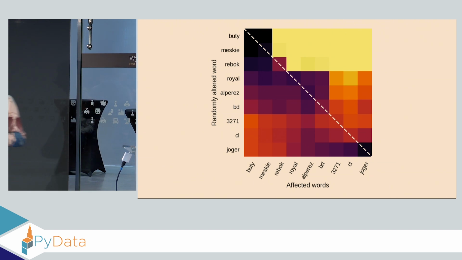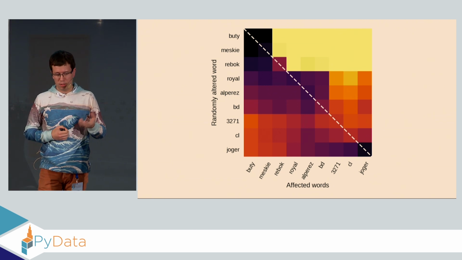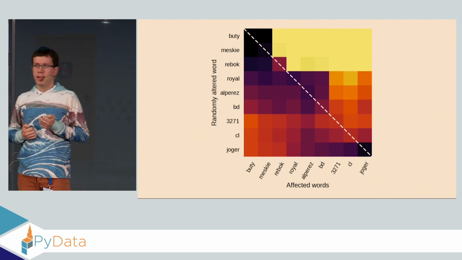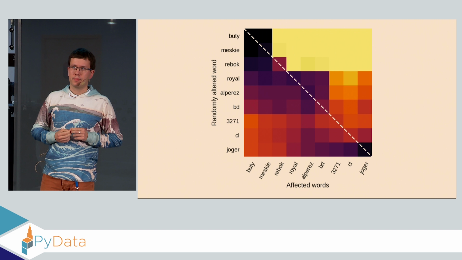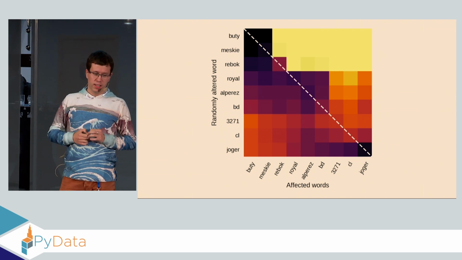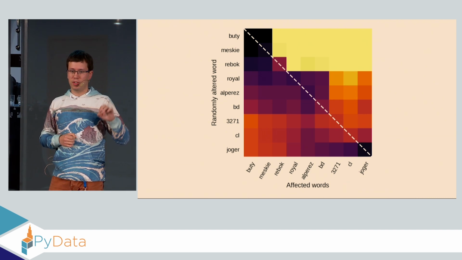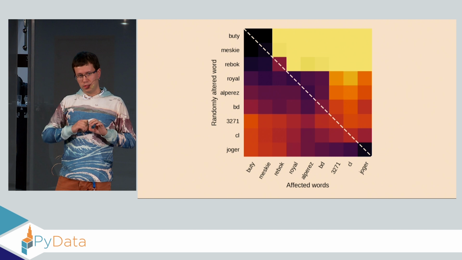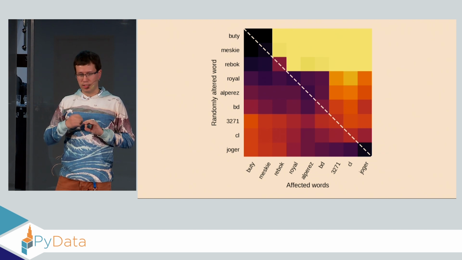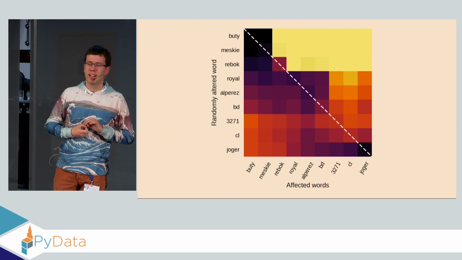Now, if you would like to have some intuition of what the network was doing, there is this picture, and it shows what would happen if you changed some word from the offer name to another word, chosen at random. This is, of course, repeated many times and averaged.